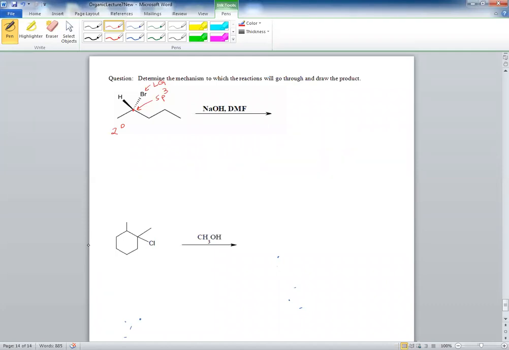However, you're not done. You need to go next to the solvent and the nucleophile. If we split this NaOH, it would be Na plus, that's a spectator ion, and OH minus. And we know that this is a strong nucleophile because it's charged.